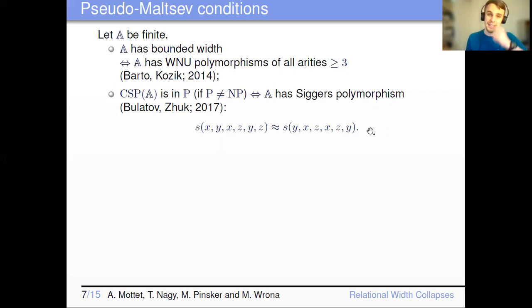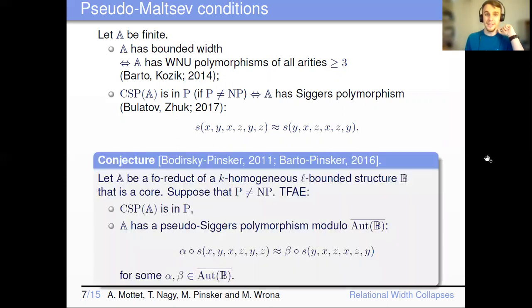This means the existence of some 6-ary polymorphism satisfying this nice equation. This is due to Bulatov and Zhuk in 2017. It was proven, and this actually proves also the famous Feder and Vardi dichotomy conjecture for finite domain CSPs.